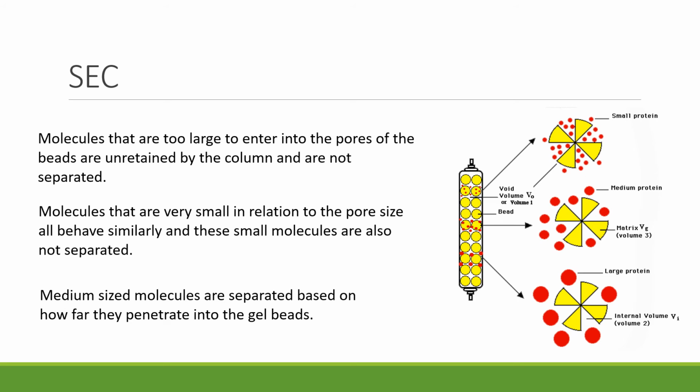The larger components won't be able to infiltrate the beads, won't interact with the beads as much, and so they will pass through the column quicker. Larger molecular size components pass through the column quicker, and the smaller ones pass through slower and have a longer retention time because they interact more with the gel beads themselves.